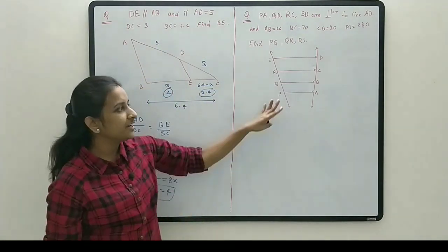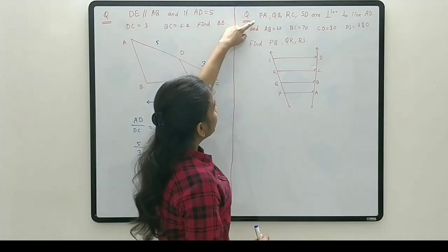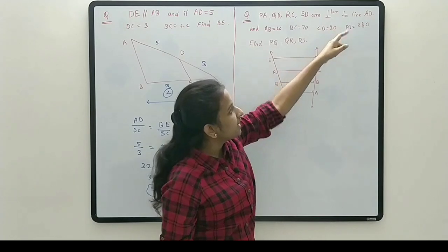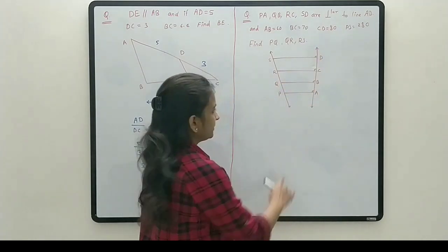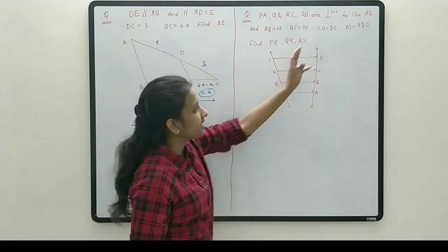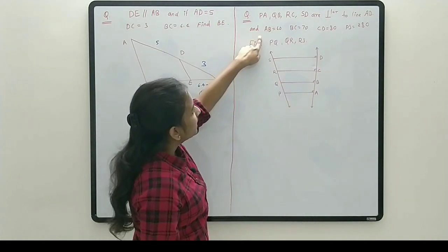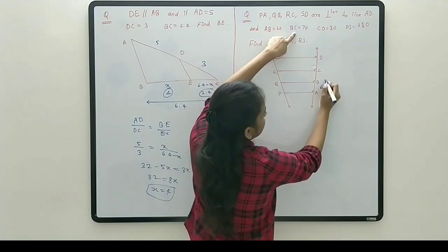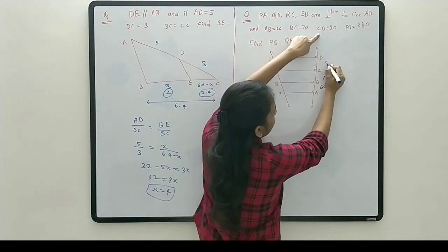Fine. Now let's solve this. Here PA, QB, RC, SD are perpendicular to line AD. These are perpendicular to this line AD. Okay. And AB is 60, BC is 70, CD is 80.